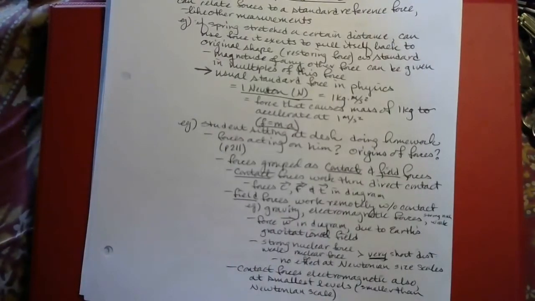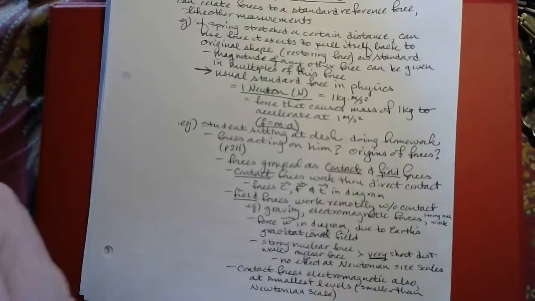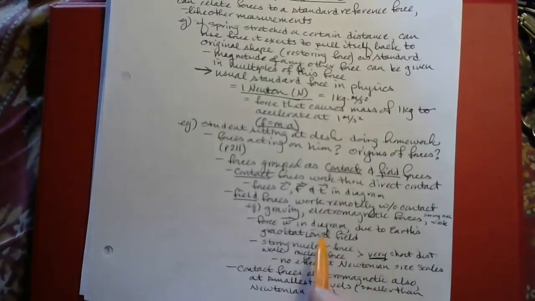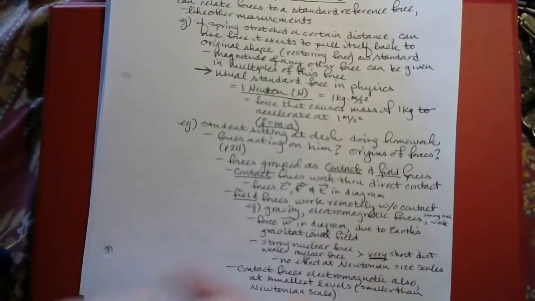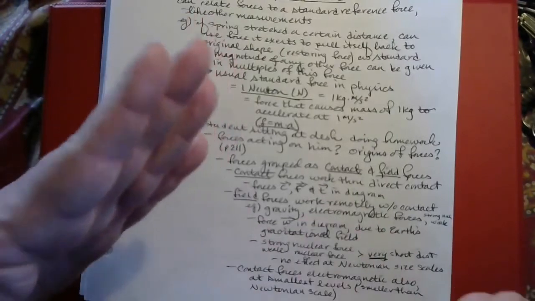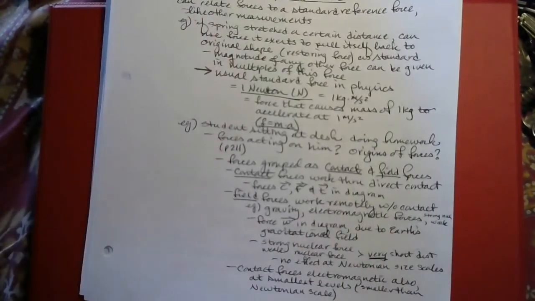But electromagnetic forces work over a much shorter distance. In fact, electromagnetic force is inversely proportional to the square of the distance between the two objects, which means if you double the distance between two objects, you cut the electromagnetic attraction by a factor of 4.